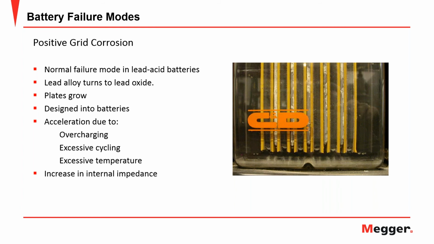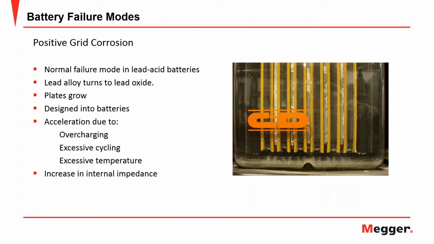Now, as temperature increases, chemical reaction rates increase. So your corrosion rate increases. So heat is the enemy of our battery. And so corrosion can be accelerated by adding heat, and you can add heat by overcharging, excessive cycling, excessive temperature.